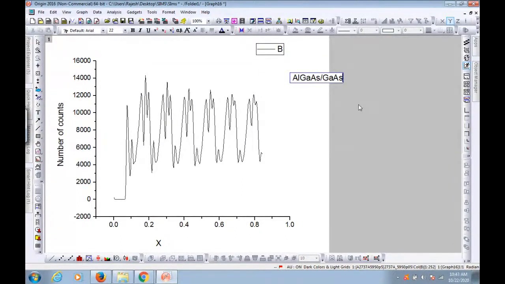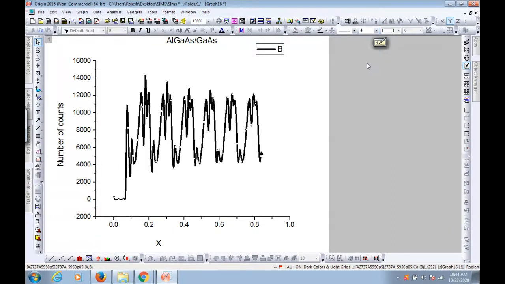If I would like to make this line bit bigger or thicker, like this. So from this data, you want to know how much is the concentration of the aluminum in the material.